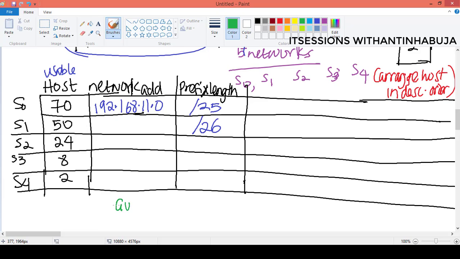Given A, that's our first network address.